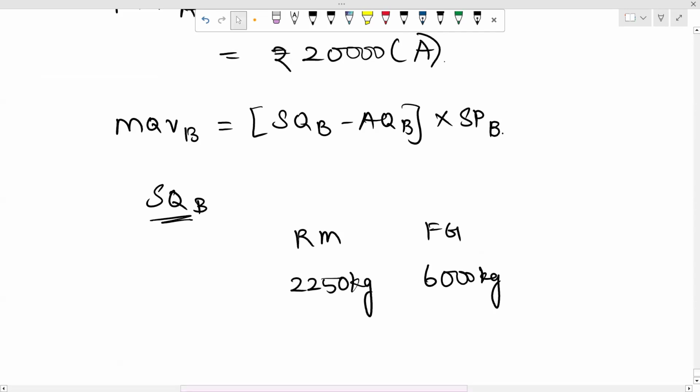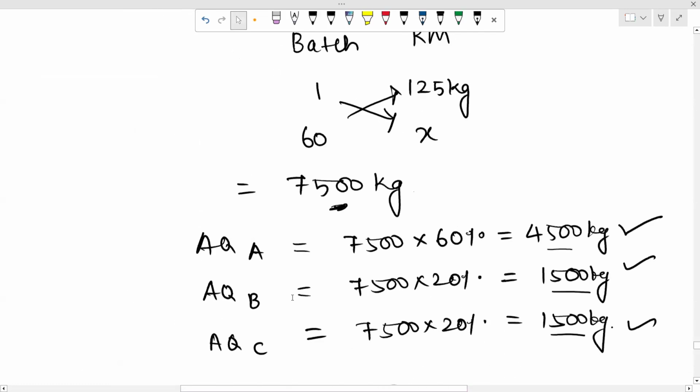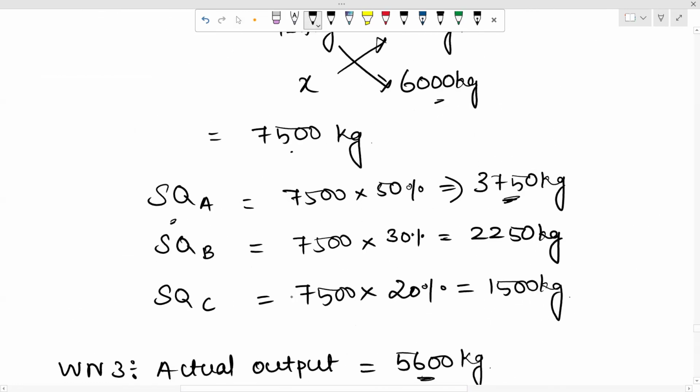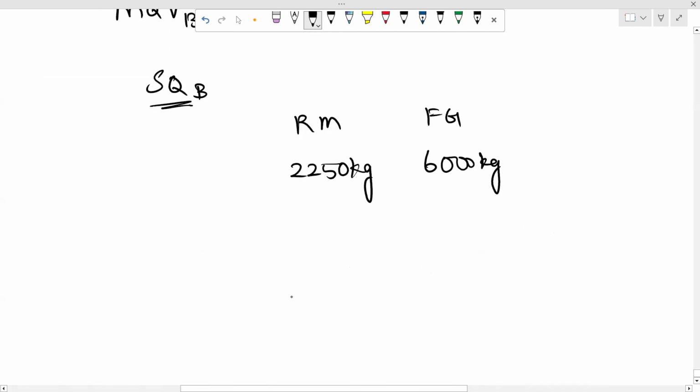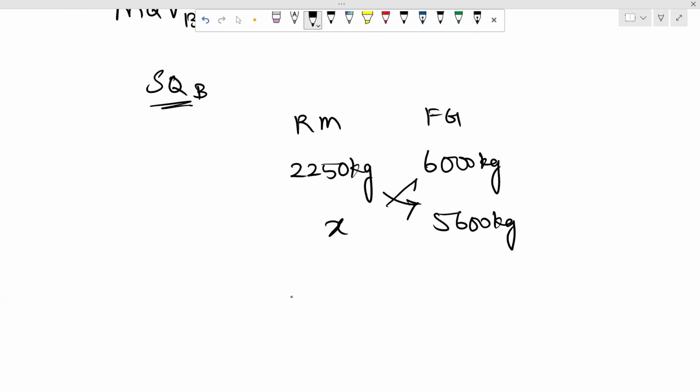B. So from where we are getting these figures? Again, we are getting these figures from working note 2. 2,250 kg of raw material B is expected to be used to produce 6,000 kg of finished goods. So then in order to produce 5,600 kg of finished goods, how many kg of raw material B should we have actually consumed?